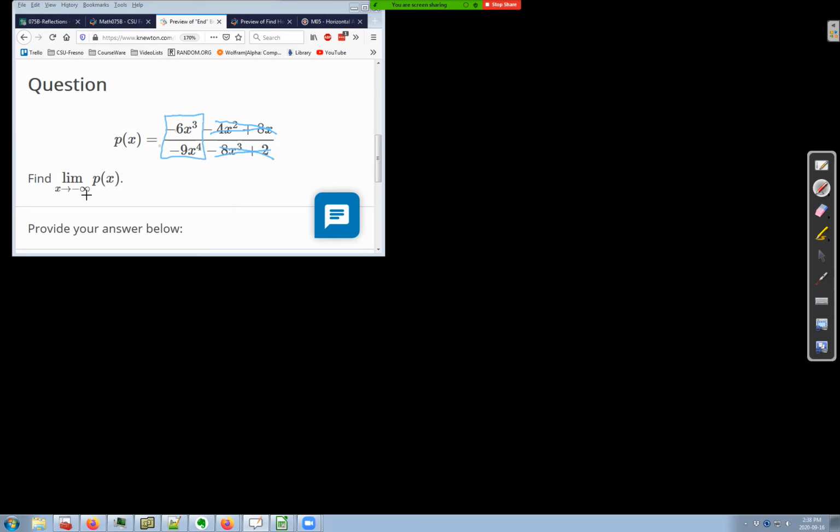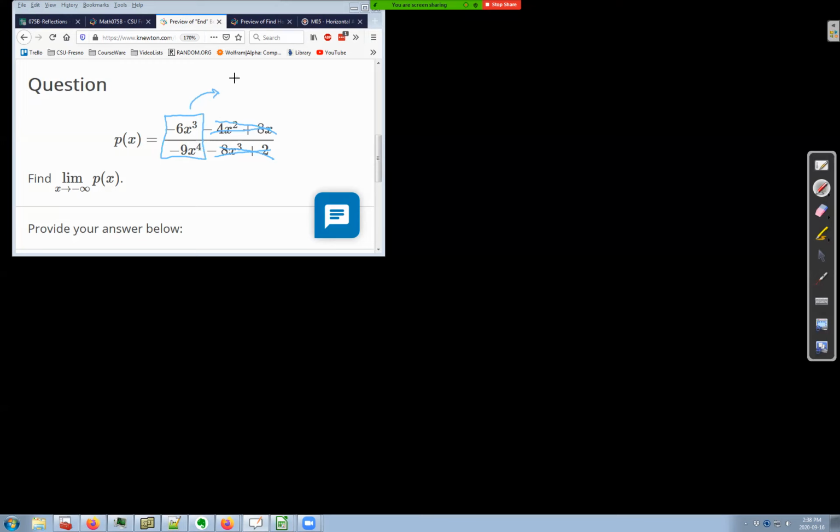And that's because, again, x is getting really, really big. The numerator terms are going to be dominated by this negative 6x cubed, and the denominator terms are going to be dominated by this negative 9x to the fourth when x gets really, really negative in this case.